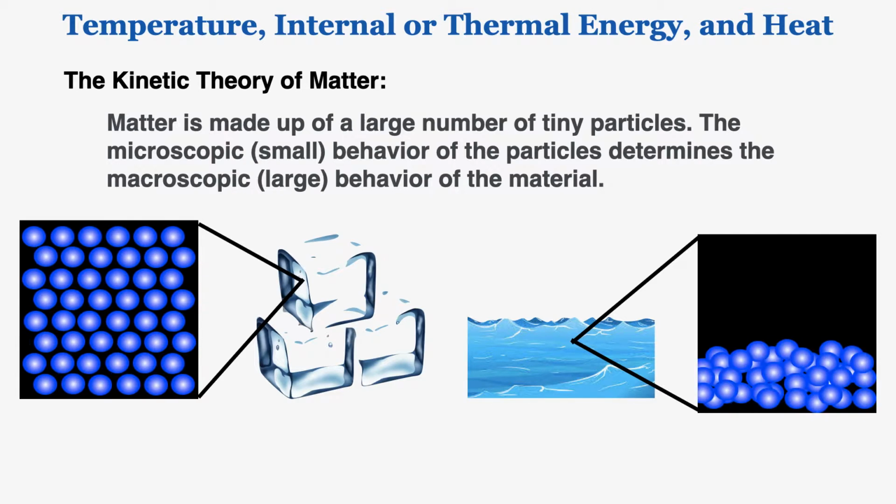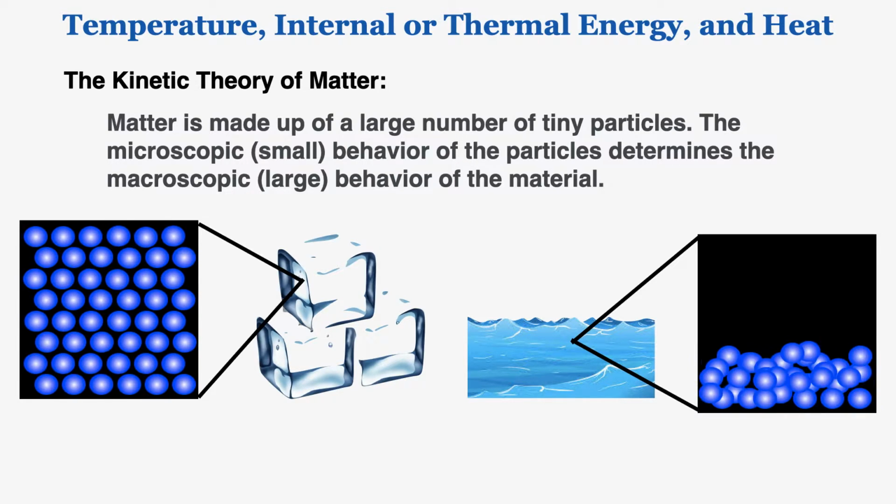And the only physical difference that's causing these two things made of the same material to behave differently is the behavior of the very, very tiny particles, like the molecules that make these objects up. If we were to zoom in, like I'm showing in the black boxes, and observe what the particles in each material are doing, we'd see something like this.